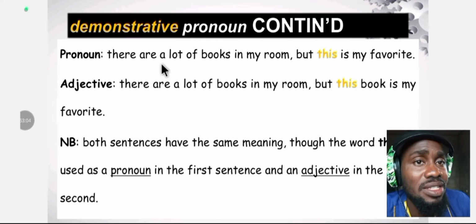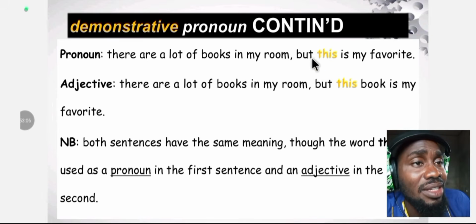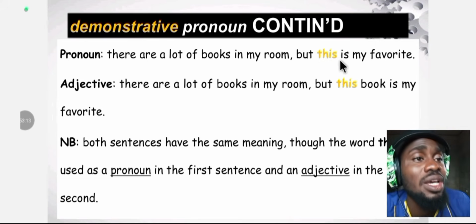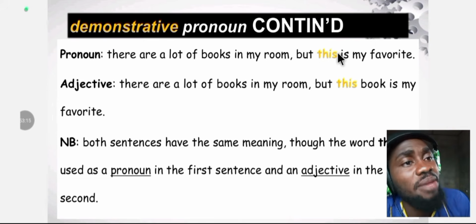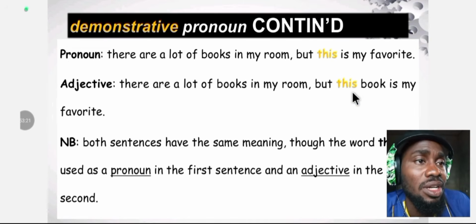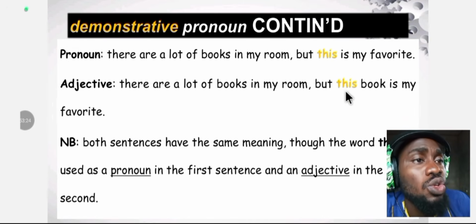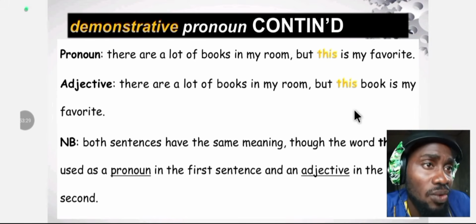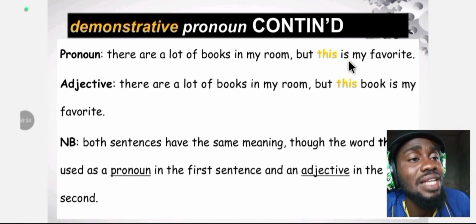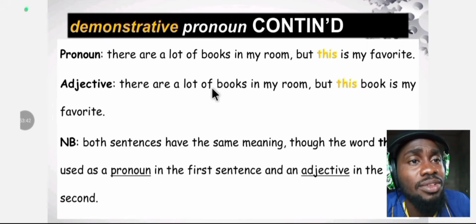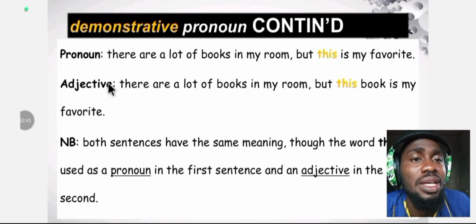The word this, that, these, those is found very close to a verb. But when it's used as a demonstrative adjective, it's found close to a noun. Adjectives qualify nouns. But when using it as a demonstrative pronoun, you find it close to a what? A verb. So when we read the statement again: there are a lot of books in my room, but this book is my favorite.